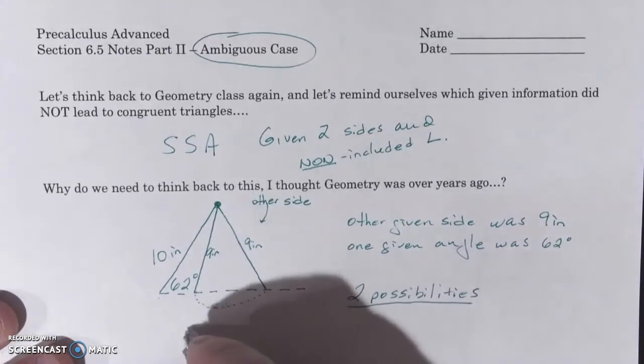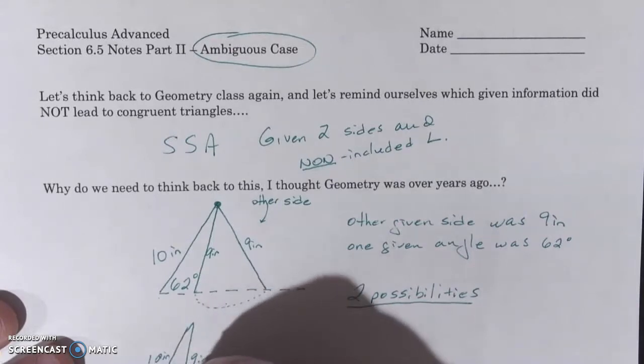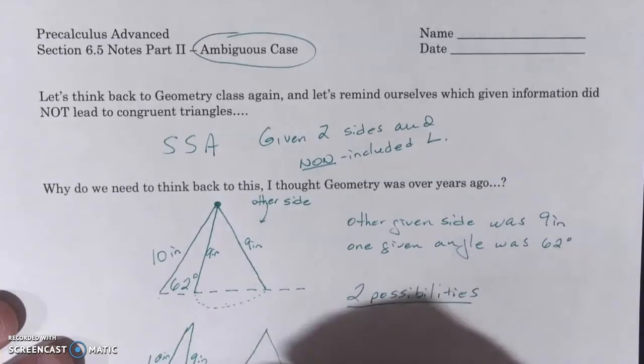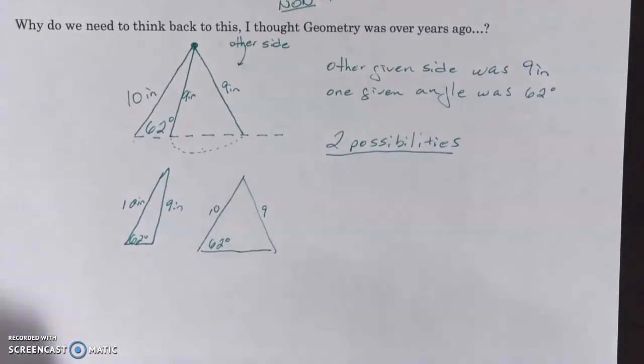So the 2 possible triangles actually look like this. Which is why that information was not good enough to prove triangles congruent in geometry. It's because there are 2 possible triangles that could be formed.